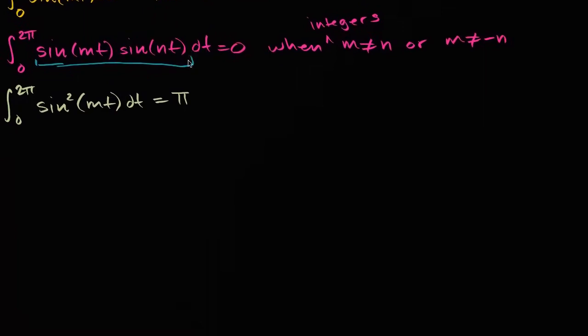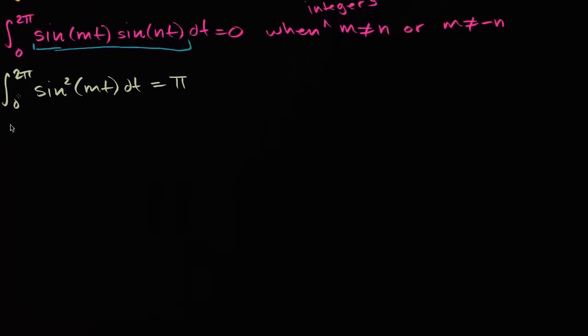So let's actually do that. So rewriting this integral, it's the integral from 0 to 2 pi. And I can rewrite, and this is just a trig identity that I'm going to be using. This is the same thing as 1/2 times cosine of (m minus n)t, minus cosine of (m plus n)t.